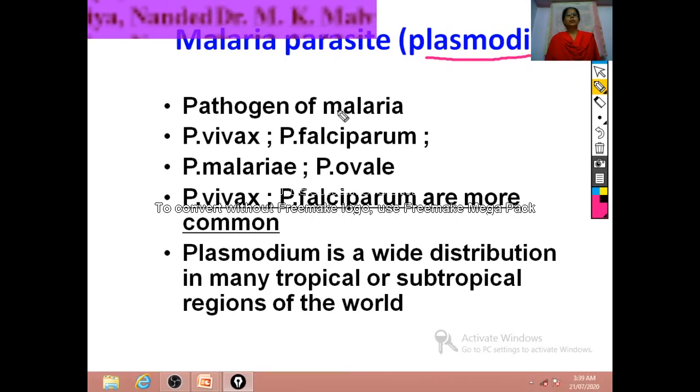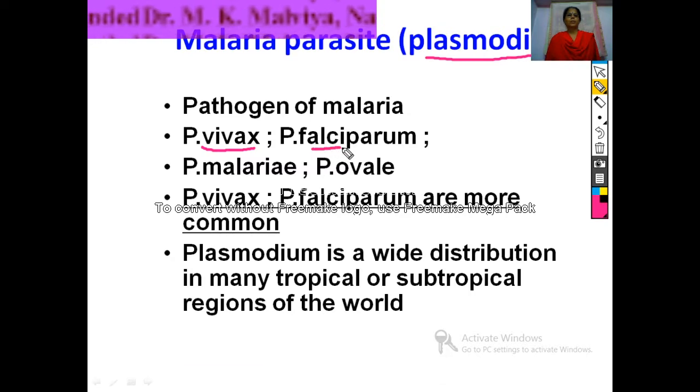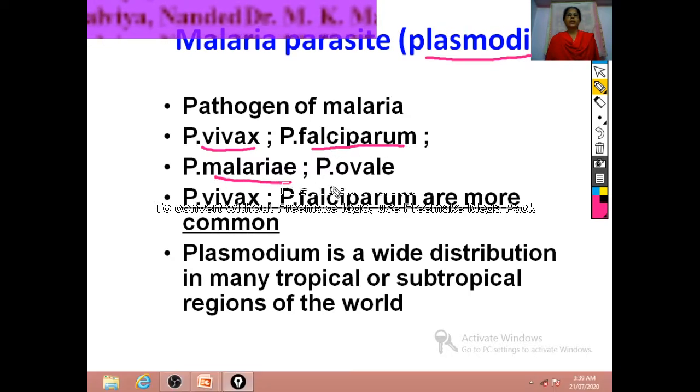This Plasmodium is an endoparasite, very microscopic in structure, and generally occurs as four species: Plasmodium vivax, Plasmodium falciparum, Plasmodium malariae and Plasmodium ovale. Out of these, Plasmodium vivax and falciparum are the more common and are distributed through the tropical and subtropical regions of the world.